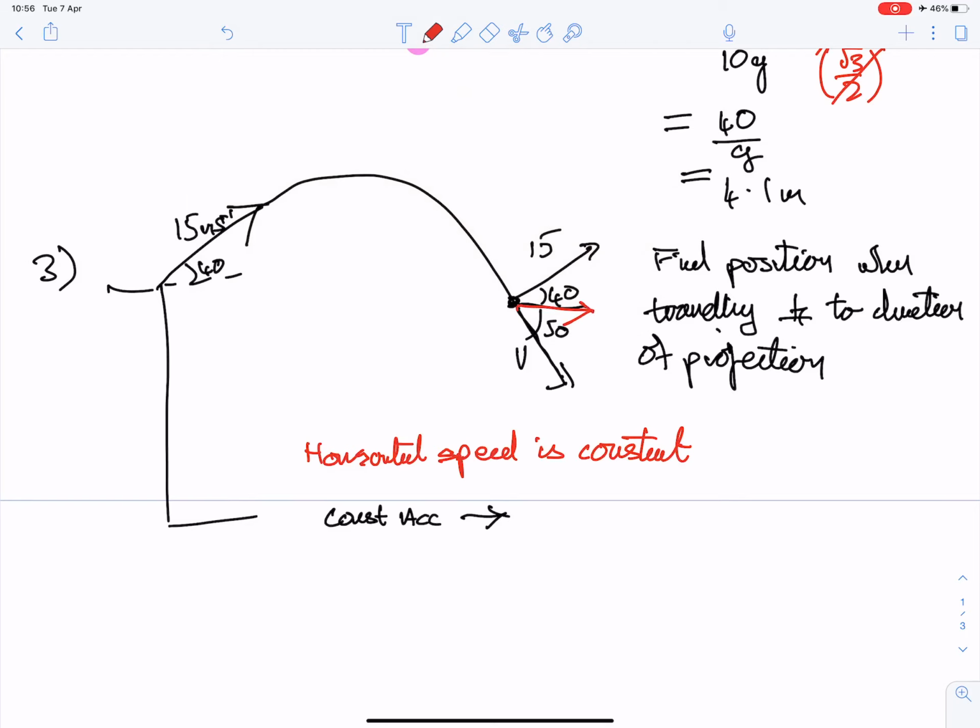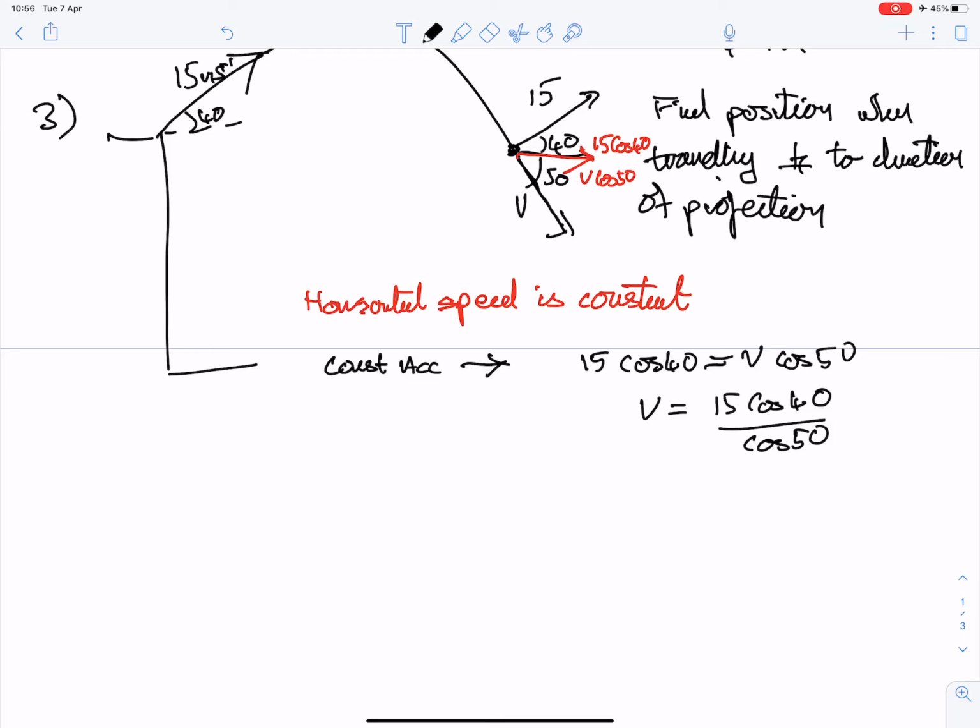So we've got this one here, which will be v cos of 50, and this one here will be 15 cos of 40. Yeah, it's the same because there's no acceleration in that direction. So we know that 15 cos of 40 equals v cos of 50. So v equals 15 cos of 40 over cos of 50.